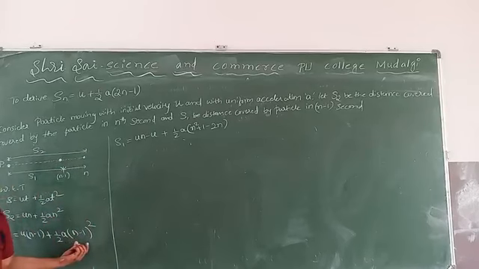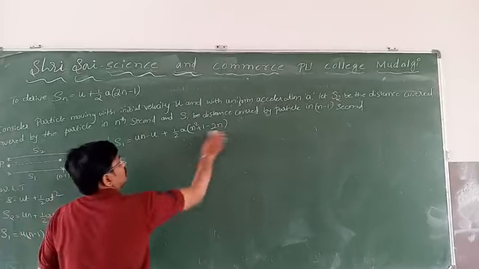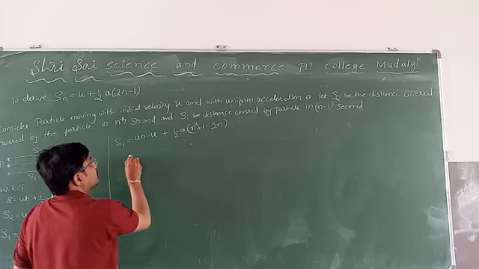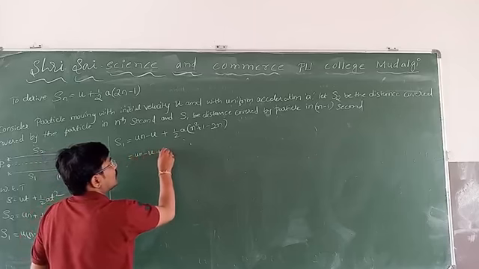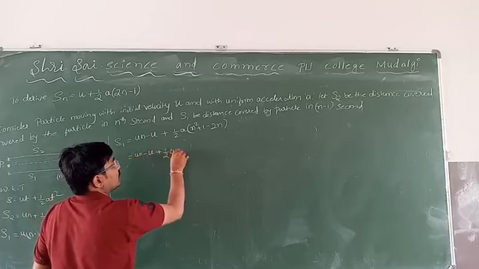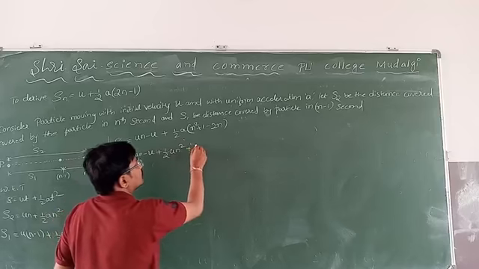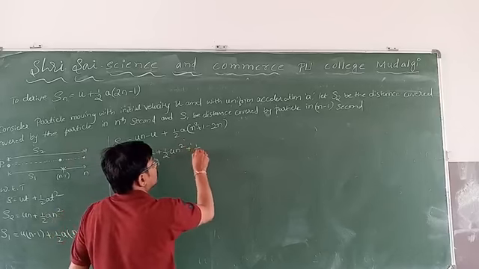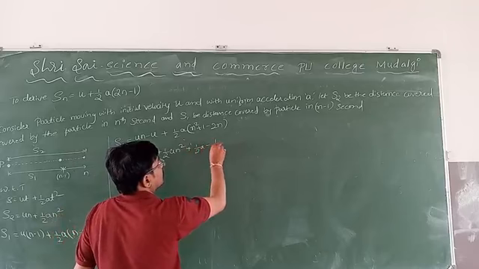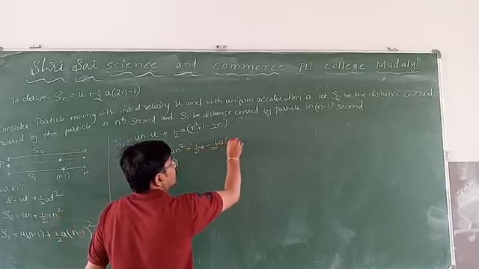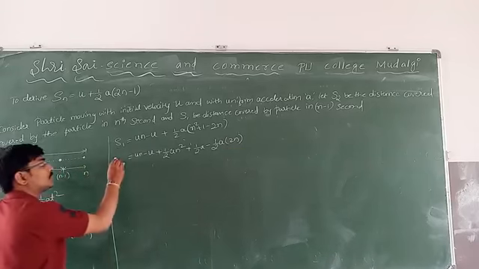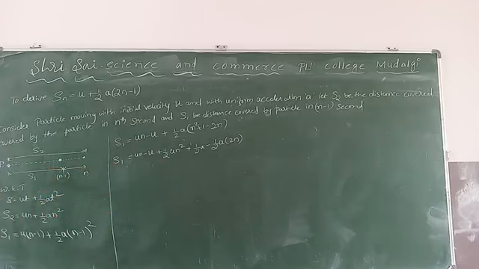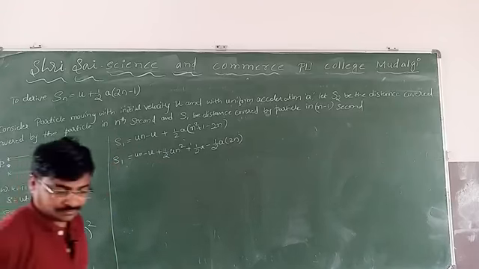So un minus u plus 1/2 a n square plus 1/2 a minus 1/2 a into 2n. See, this is your s1.